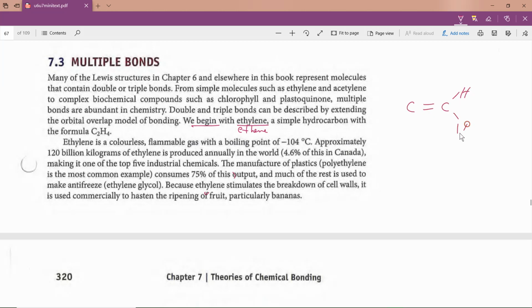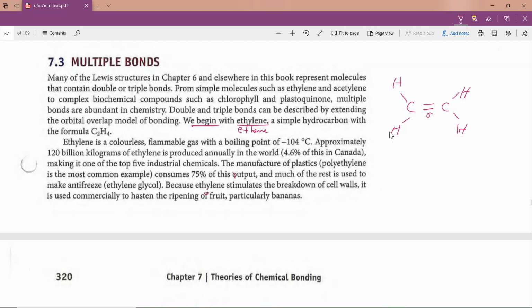We are going to learn that one of the bonds between the carbon-carbon is going to be a sigma bond, the overlap of a hybrid orbital on one carbon with a hybrid orbital on the other, with concentration of electron density along the bond axis between those two carbons.